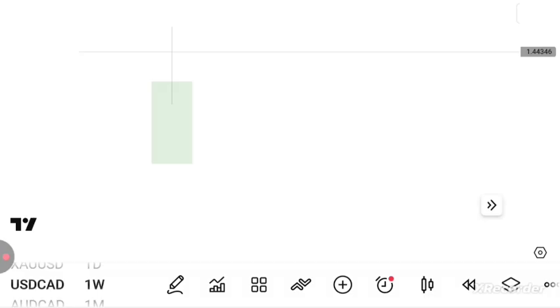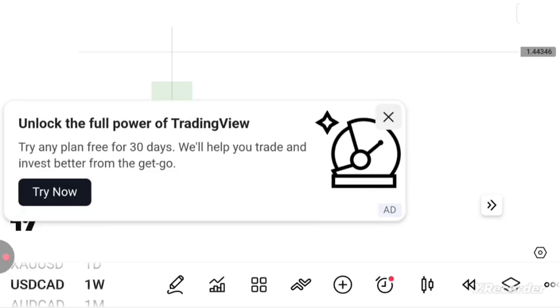If price gives you an external breakout, it's telling you that the direction of that particular trend is actually changing, right? So an external breakout is just telling you that the direction price is breaking out to is going to be the new direction.